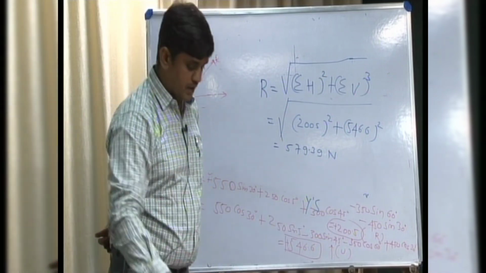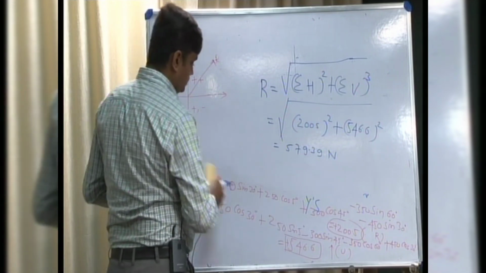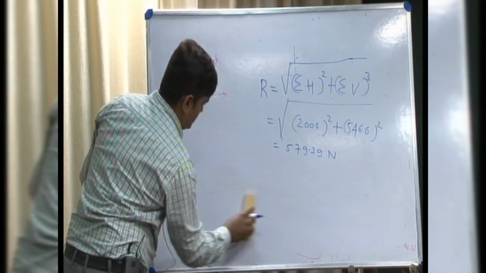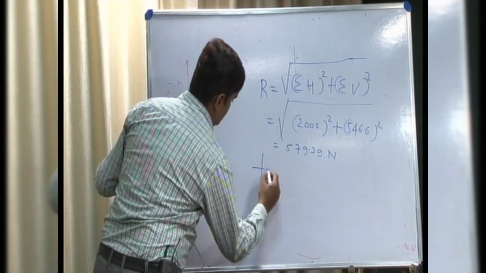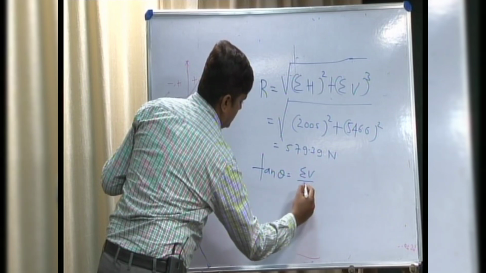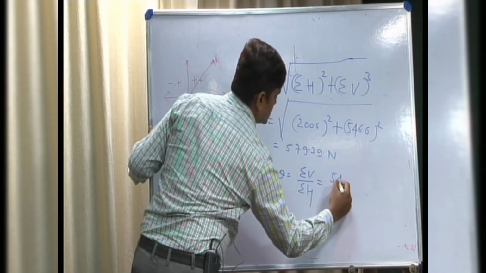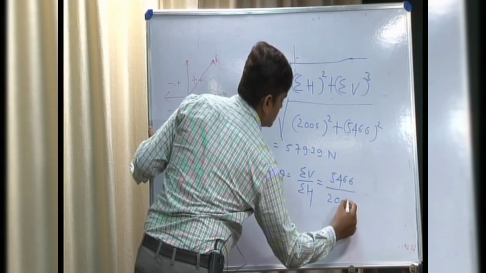And also we know that tan theta is equal to sigma v by sigma h. Sigma v is 546.6 divided by 200.5.